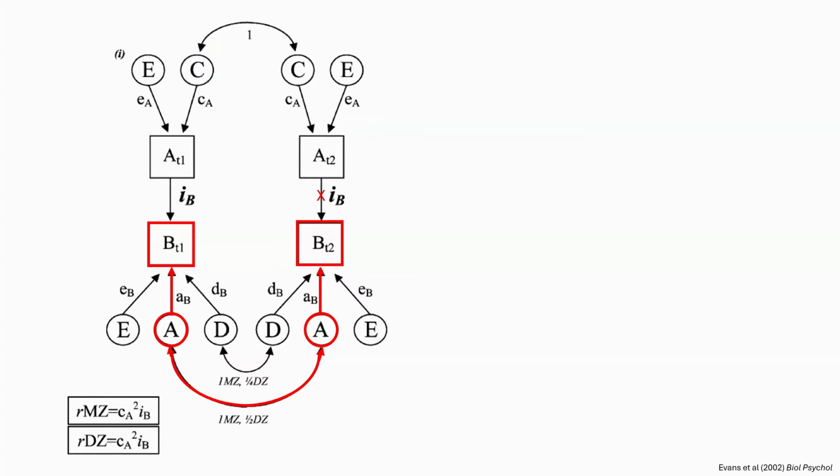Thus, it's not possible to get from twin 1 variable B to twin 2 variable A by this path. Same deal with tracing back along the paths involving D.